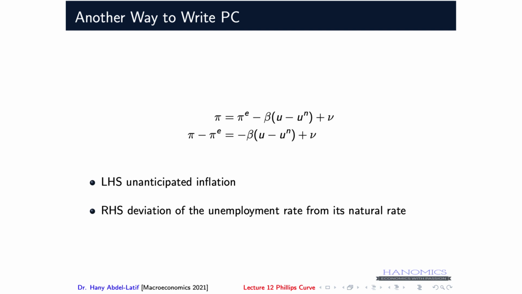Rather than thinking of it the original Phillips curve way, it's important to think about the change in the inflation rate, the unanticipated inflation, or the inflation that people did not expect, and then the cyclical unemployment rate.